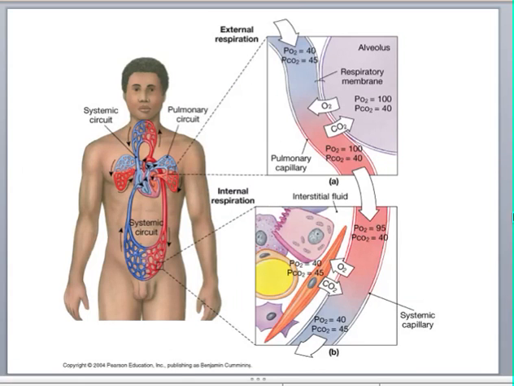Now this is the picture that makes the most sense, and this is the most helpful. This picture up here is a picture of what's happening in external respiration, where you're breathing air in. This is showing you the pulmonary circulation here, where, remember, the blood is going from your right ventricle to your lung.